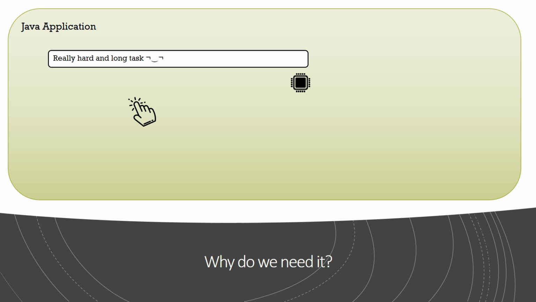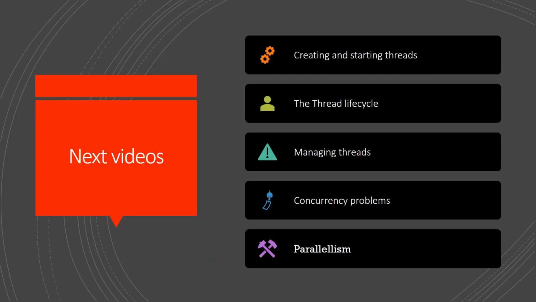Okay, so in the next videos, we will be looking at the following subjects. We will first start creating and starting threads. Then we'll look at the thread lifecycle. We'll learn how to manage our threads. Then we'll be looking at one of the most important things about multithreading, especially for you guys as junior developers: concurrency problems and solving concurrency problems.